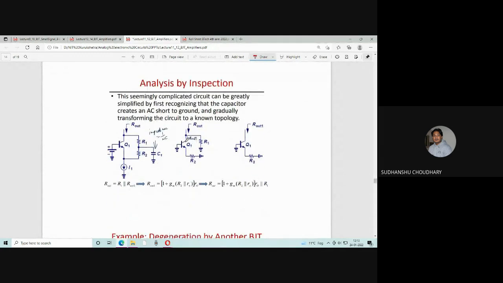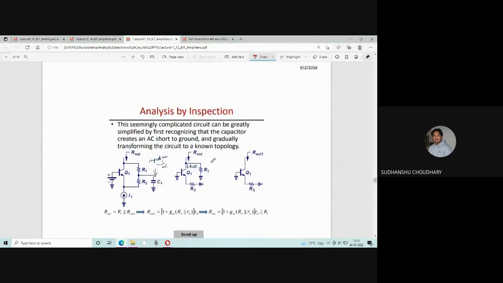For example, when this is transformed into this, it can be simplified further. Let us say we don't have R1 in this circuit. One can find the output impedance here as Rout1. And then for finding the total Rout, one would say total Rout is equal to R1 parallel to Rout1.